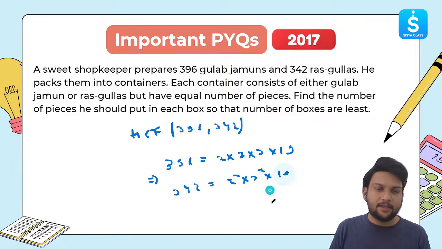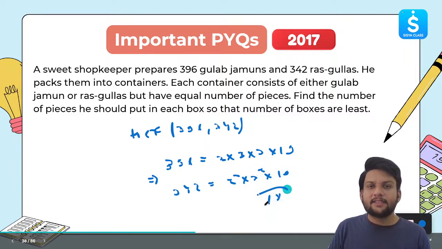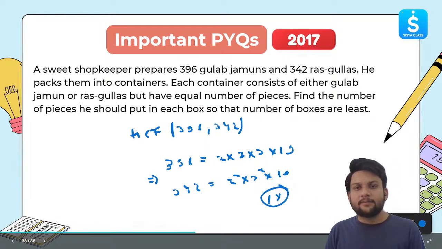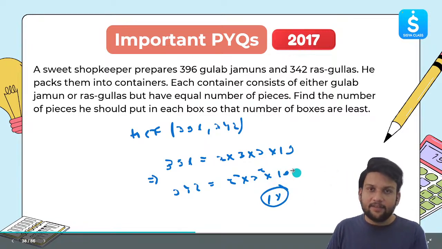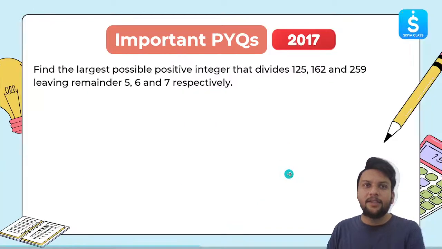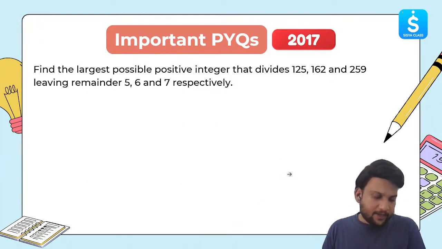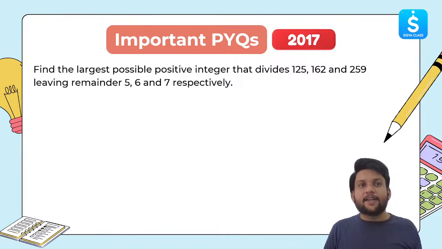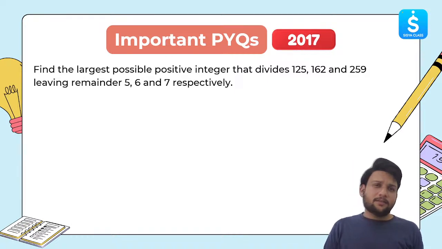If you find the HCF, it will come out as 18. Is this clear? Great. All right. Up till now, clear? Yes or no? Great.